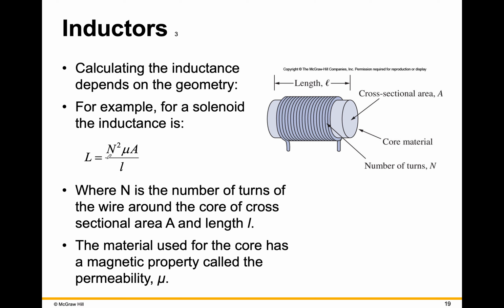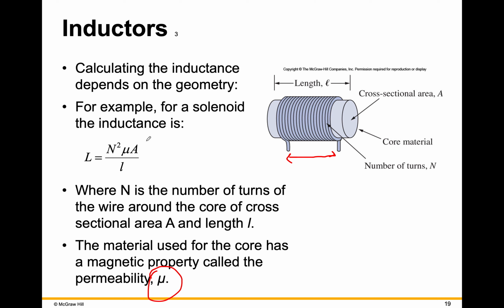So the inductance of a solenoid. This is a solenoid. It's got a defined length. It's got a core material that has permeability mu. For now, we're just going to go with that, even though I told you that in reality, magnetic materials are highly nonlinear, but we'll go with it for now.